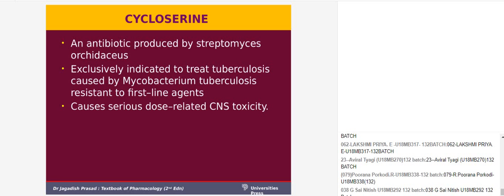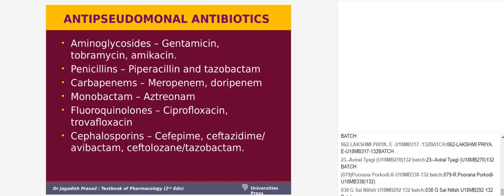And the last slide is about anti-pseudomonal antibiotics. What are the drugs used against Pseudomonas? The aminoglycosides, especially gentamicin, tobramycin, and amikacin. Among penicillins, we have piperacillin and tazobactam.